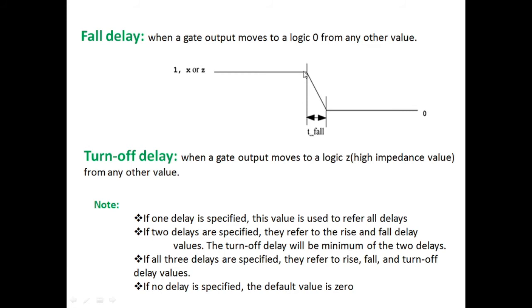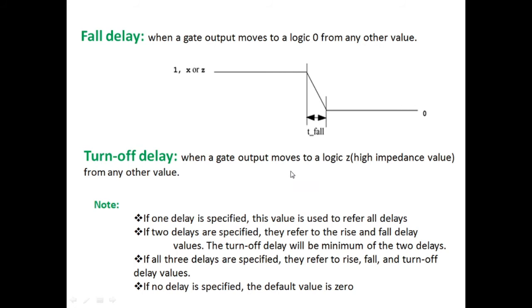How much time it takes to fall from some value to logic 0 is the fall delay. And the turn off delay is simply a gate output transition to a high impedance value, which is logic Z. That means the output of a gate is not connected to anything.